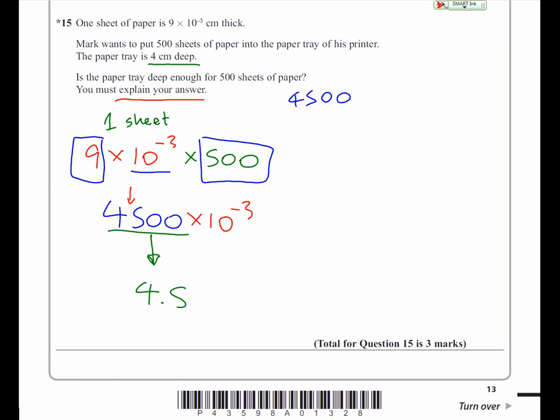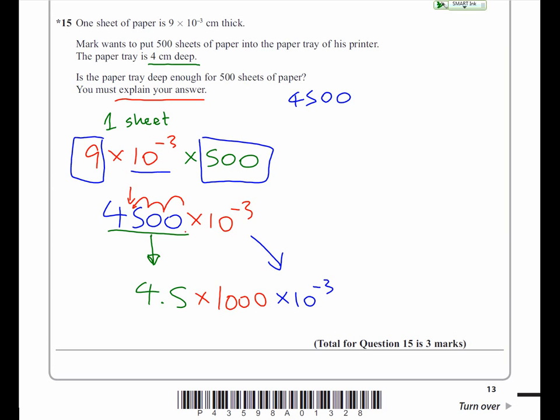Now, think about what we've done. The decimal was originally here, where it should be. It's gone 1, 2, 3. So that means that we have to times this number by 1,000 to get it into the right place. Okay, and we'll bring this down as well, times 10 to the minus 3.